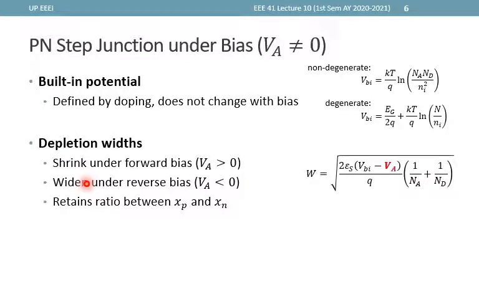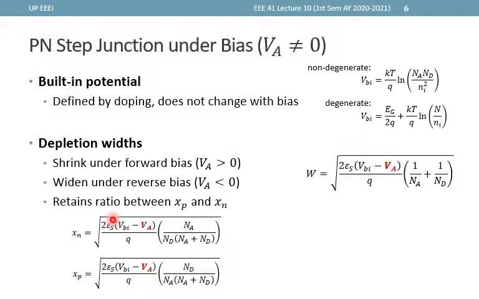Skipping the derivations, it can be shown that for abrupt p-n step junctions, we can simply add this minus VA term here for the depletion width. So this is consistent. When VA is greater than 0, we subtract something positive, so this one becomes smaller. When VA is less than 0, we subtract something negative, so this one becomes larger. And this formulation can be extended for our xn and xp. So we simply added these minus VA terms.